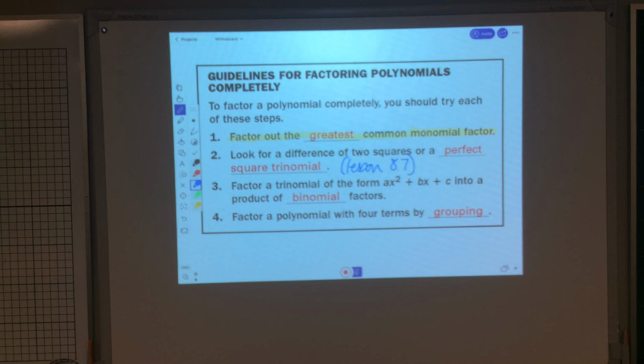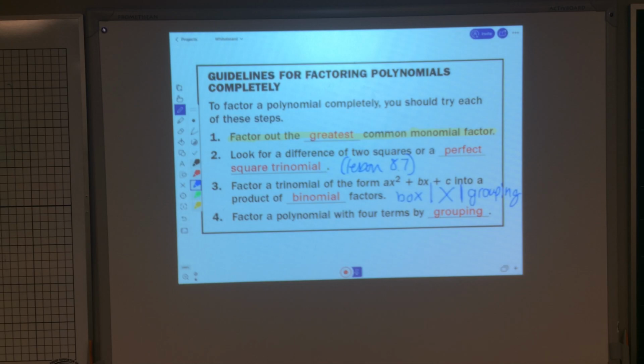That difference of squares, the product of a sum and a difference. Check if those work. We're looking for your shortcuts. Then, if it's a trinomial, we can factor it into those two terms, which is really saying we can use either that box method, or the X method, or the grouping method, completely your choice.